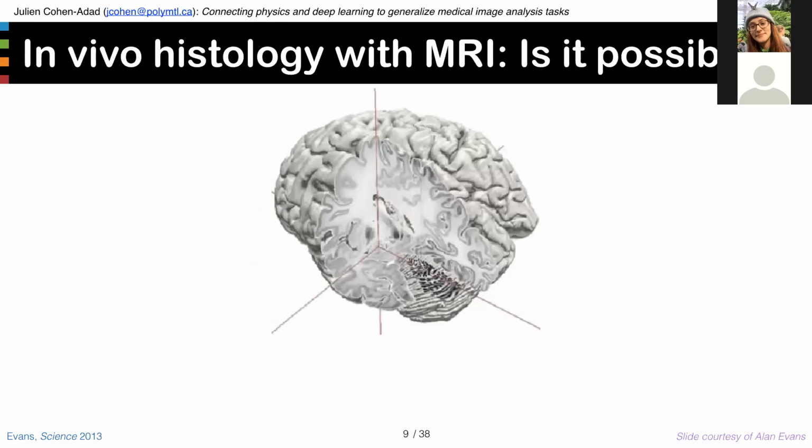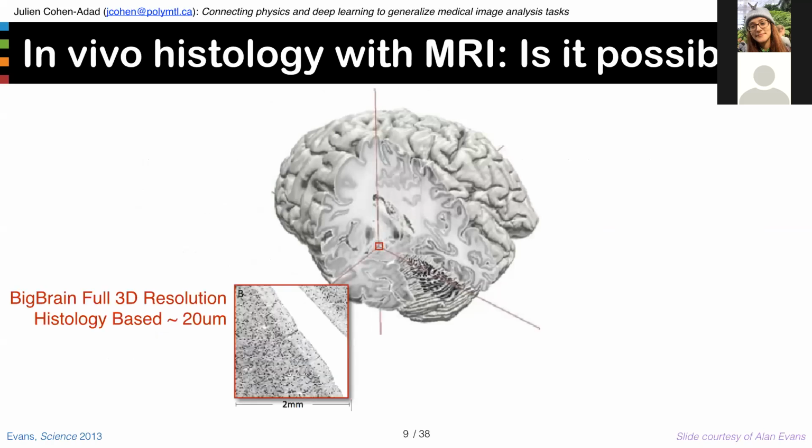Now let's look into what our lab is focused on, which is doing in vivo histology with MRI. If you look inside the brain at the microscopic scale, you'll see that there are a lot of different structures, including neurons, which are the structures we are interested in.